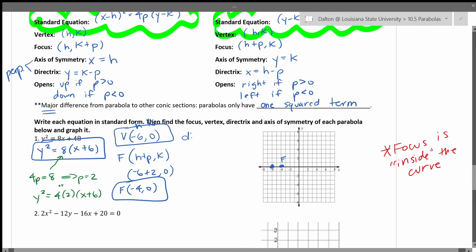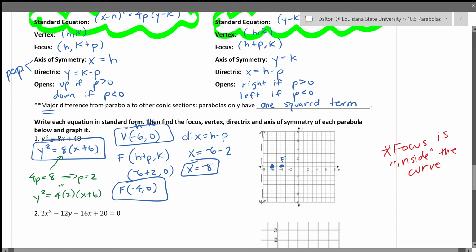Again, I'm using the equations to the right, so if I use x is equal to h minus p, then I'm going to have x is equal to, we said h is -6, minus p is 2, then -6 minus 2 is -8. So my directrix line is x equals -8. Now, that's an actual line. That's a vertical line. So at -8, I'm going to have a vertical dotted line.